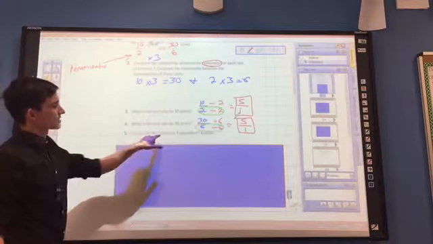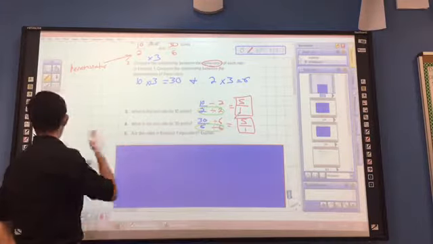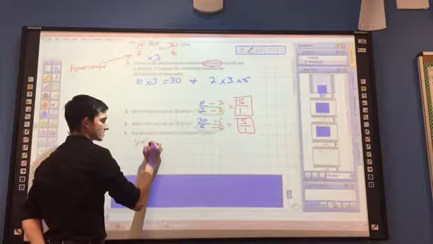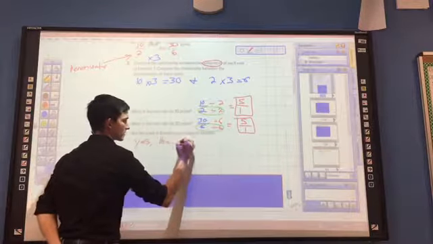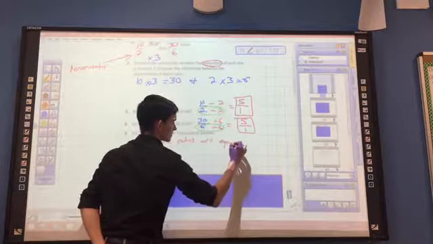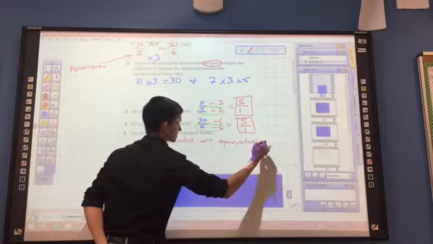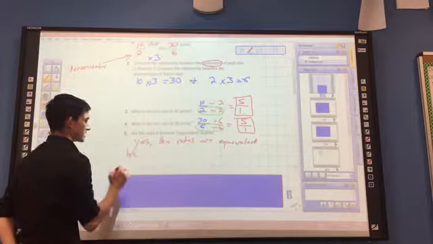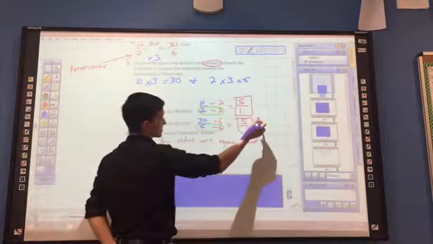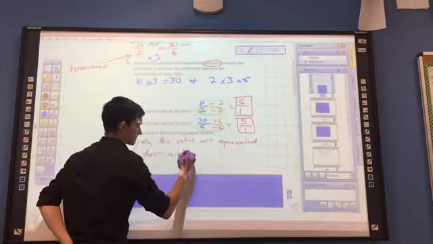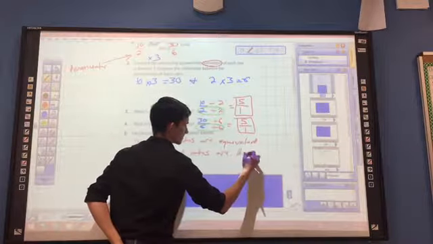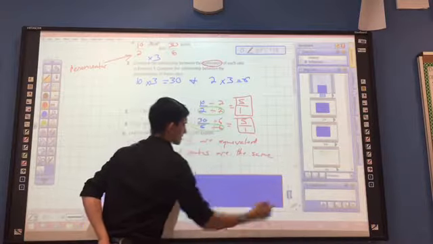So the last question is, are the rates in exercise 1 equivalent? And I would say yes, the rates are equivalent because their unit rates are the same.